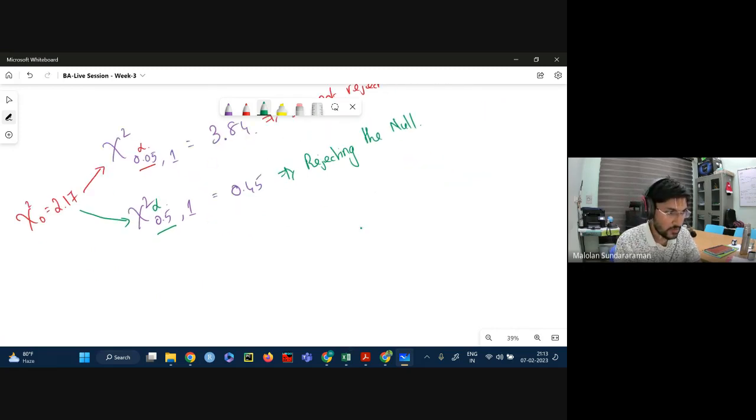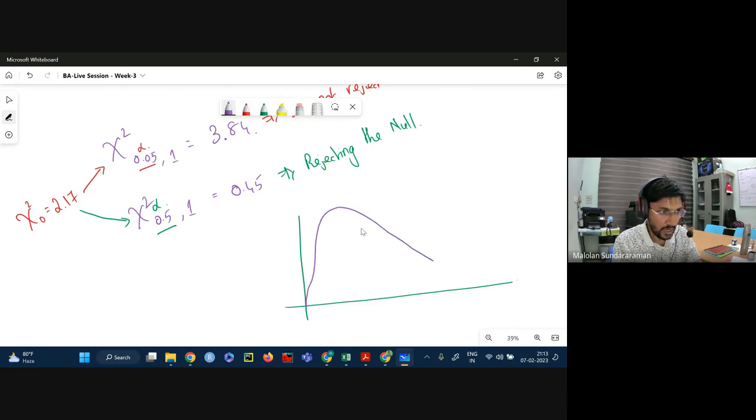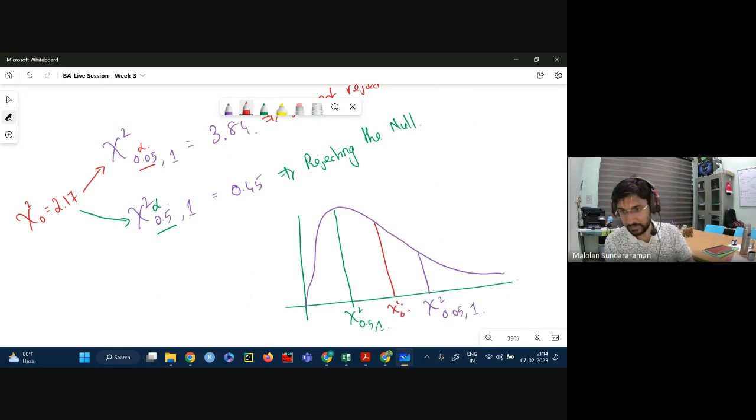This is because if this is my chi-square distribution, at 0.05 I have put up the cutoff region over here, whereas at 0.5, let's say, I put up the cutoff region here, and your computed test statistic falls in this region.